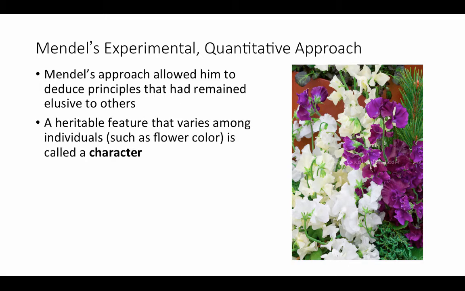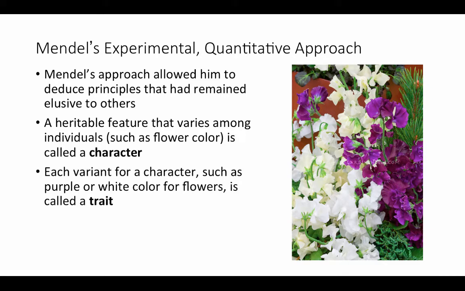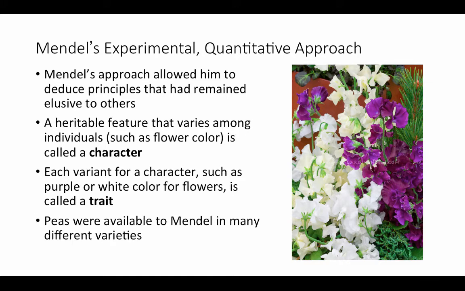So a heritable feature that varies among individuals, such as flower color, is called a character, and each variant for a character, such as purple or white color for flowers, is called a trait. So the character would be color, and say, for example, purple would be the trait for that character. Garden peas were available to Mendel in many different varieties.